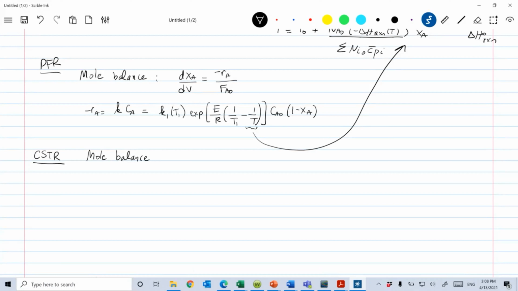So if you take your mole balance, V over minus RA, for example, that minus RA is evaluated at XA and at the temperature at the exit.